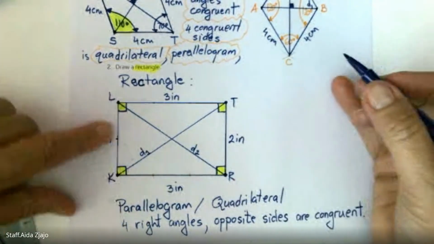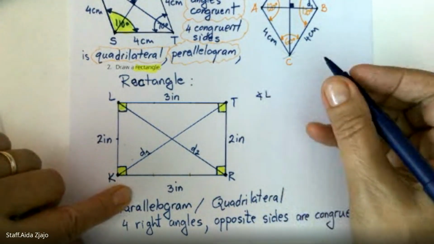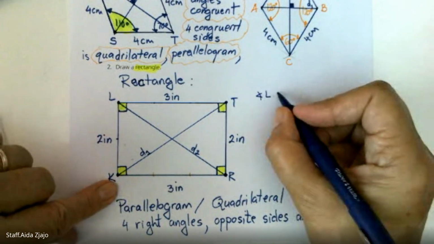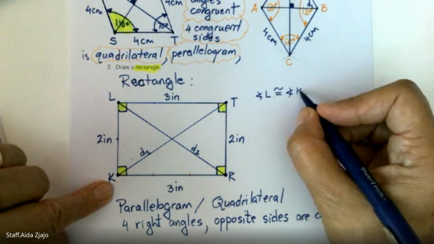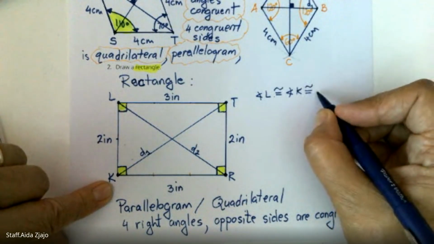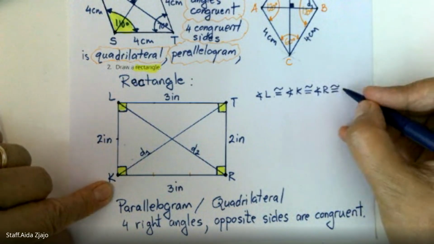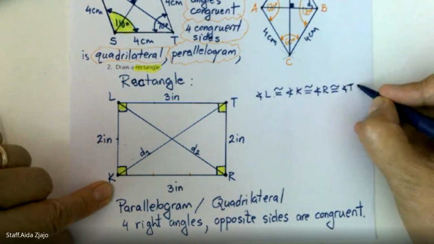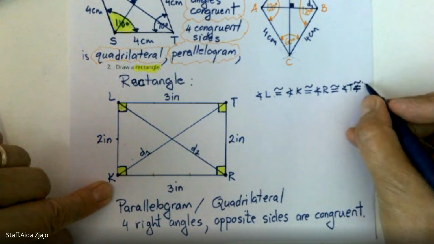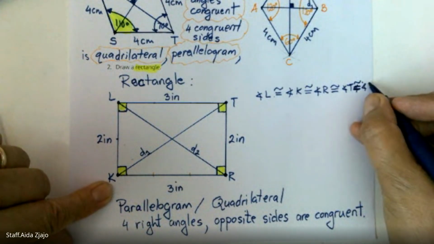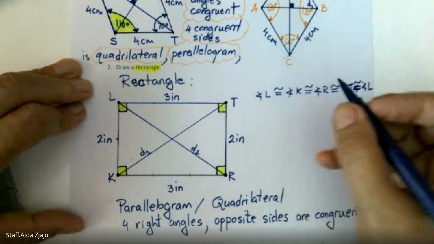and we can say for this rectangle that angle K is congruent to angle R, and angle R is congruent to angle T, and angle T is congruent to angle L. So all are congruent, and they are 90 degrees.